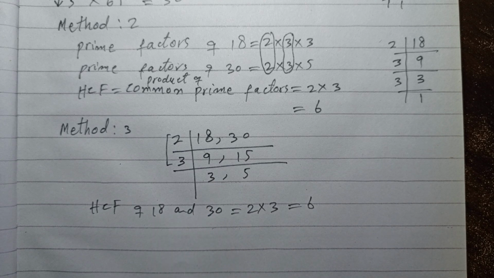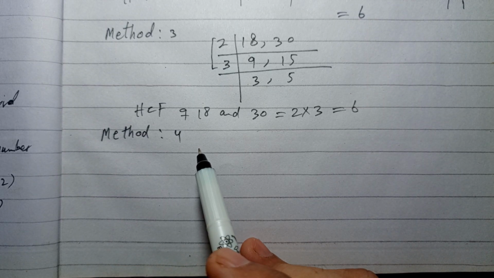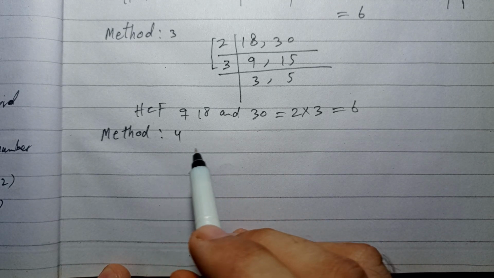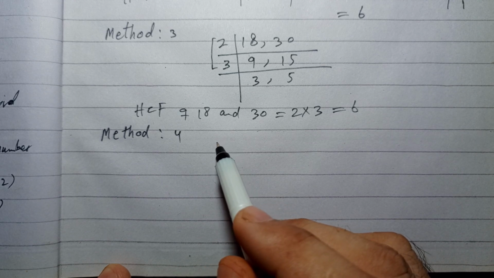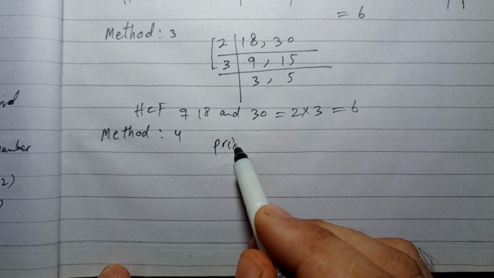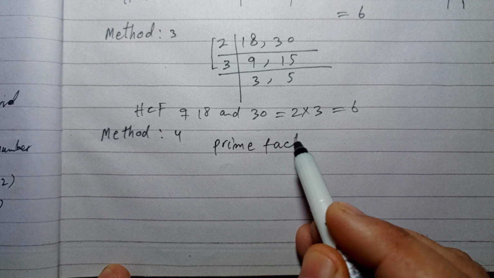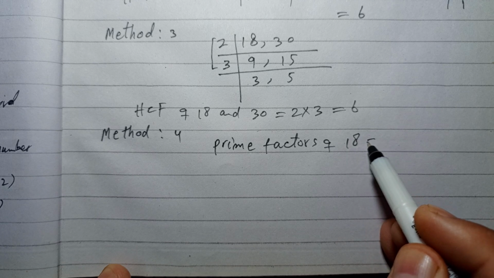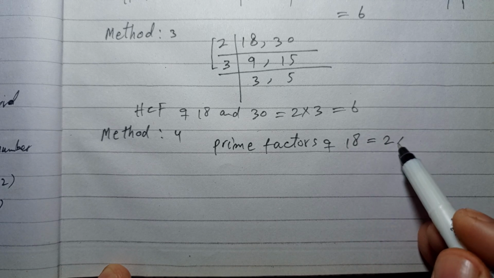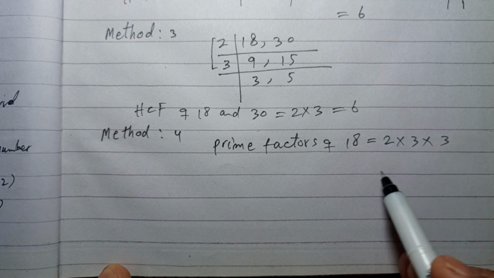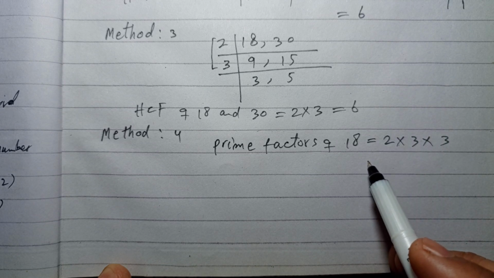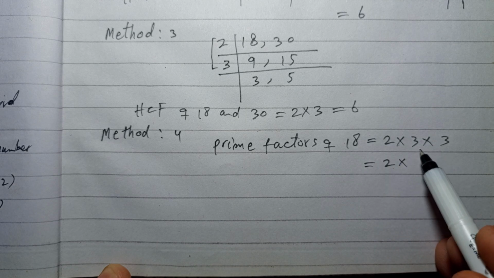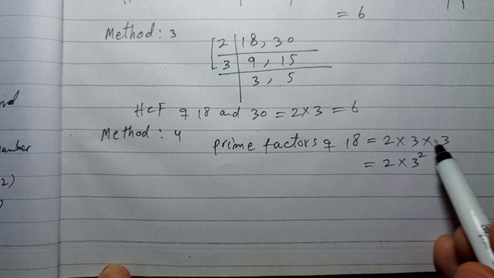And for the fourth method, if you have prime factors in the form of index, how will you find HCF? For example, prime factors of 18 were 2 multiplied by 3 multiplied by 3, and in the form of index these will be 2 and 3 raised to power 2, because 3 is 2 times.